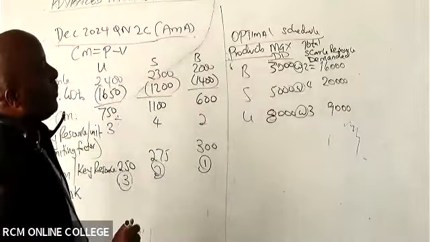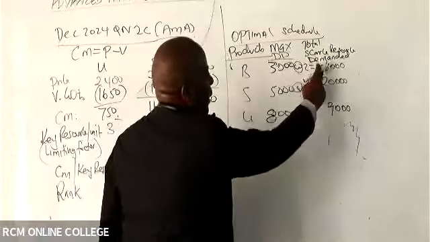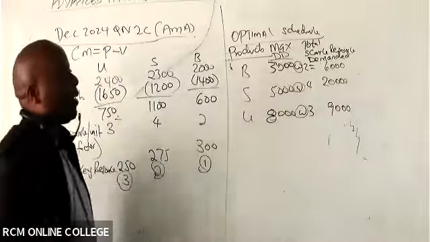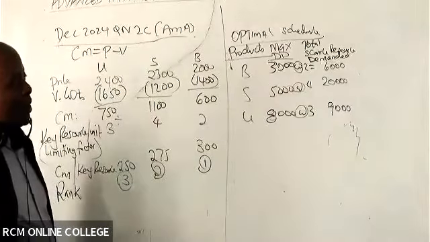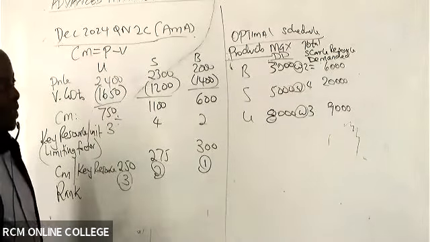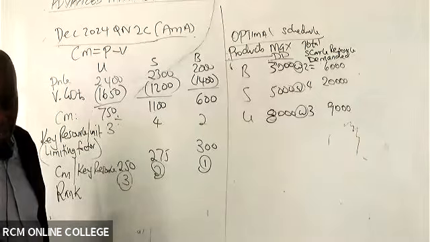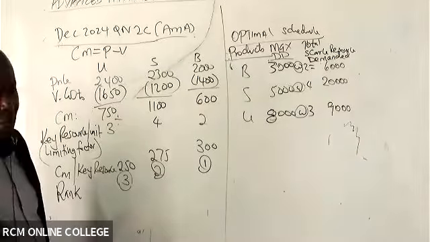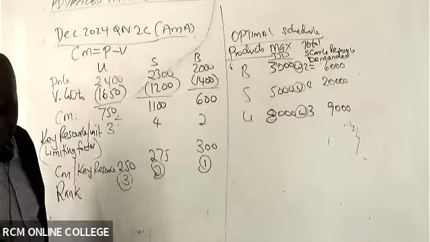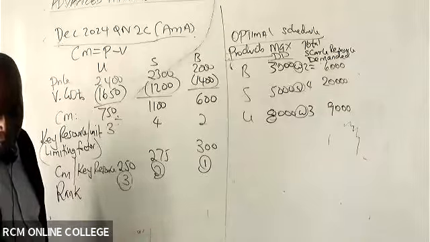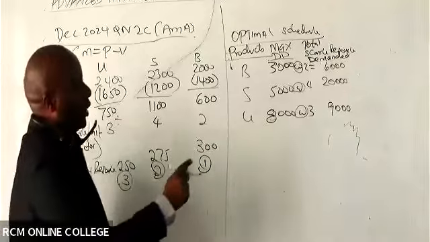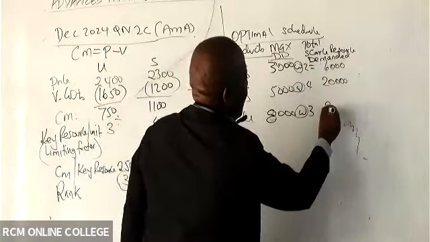So 3,000 times 2 is 6,000. 5,000 times 4 is 20,000. And then 8,000 times 3 will give us how much? 24,000.